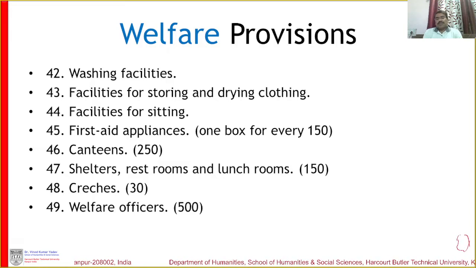The welfare measures in the Factories Act talk about washing facilities, facilities for storing and drying clothes, and facilities for sitting, so a sitting place in the factory, or at the workshop or platform, must be given.